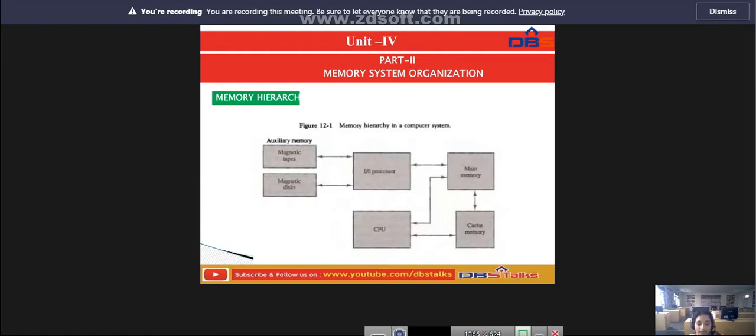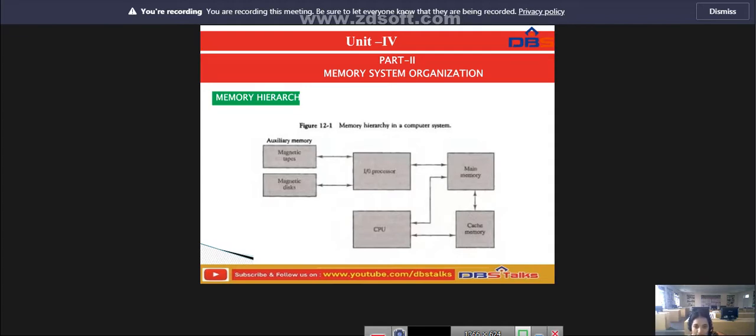The most common auxiliary memory devices used in computer systems are magnetic disks and magnetic tapes. They are used for storing system programs, large data files and other backup information. So what is the use of this auxiliary memory? These devices provide the backup storage and are called auxiliary memory.